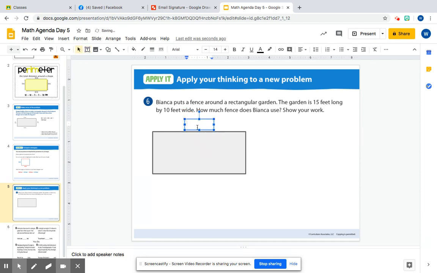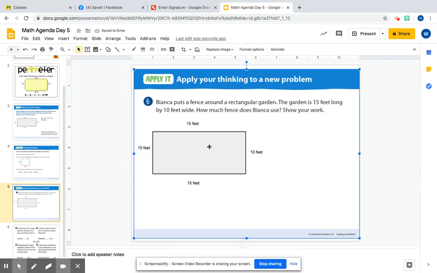It tells me that it's 15 feet long, so 15 feet long, 15 feet long. And then it also tells me that it is 10 feet wide. So now I have my rectangle, my garden here, and I have my sides labeled.